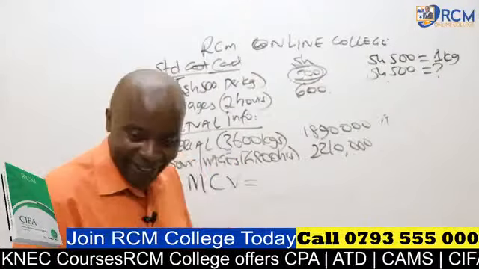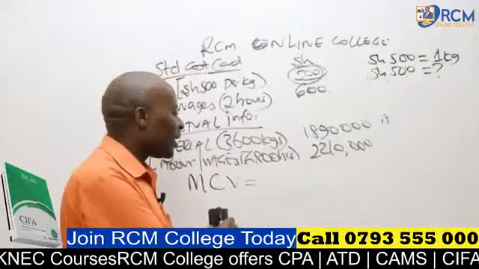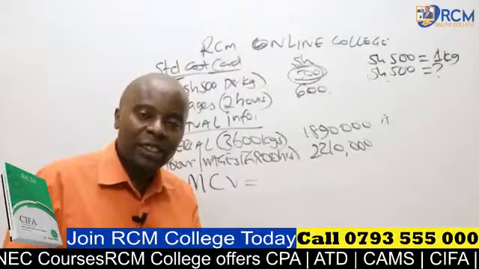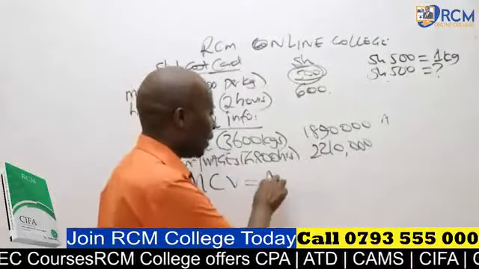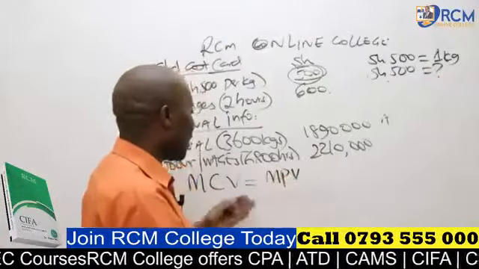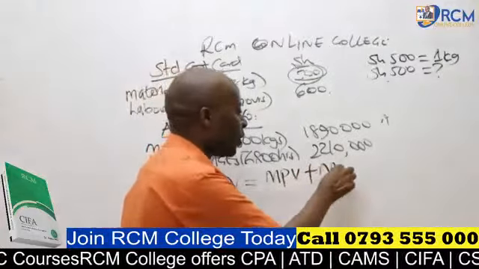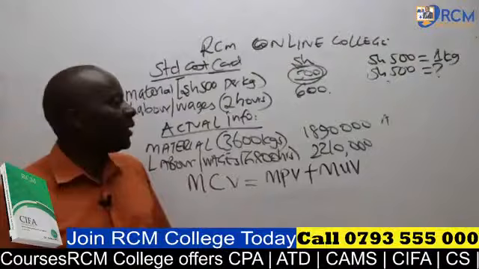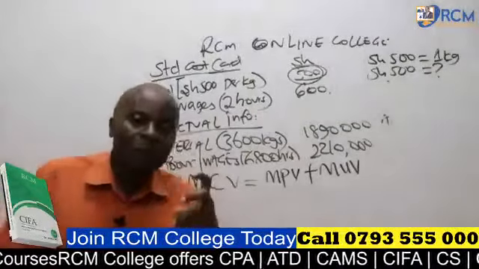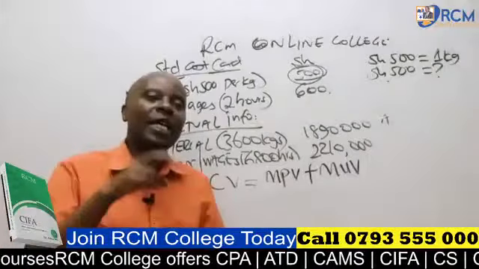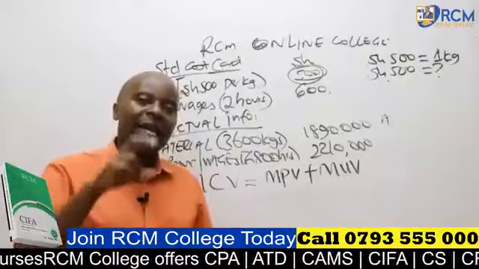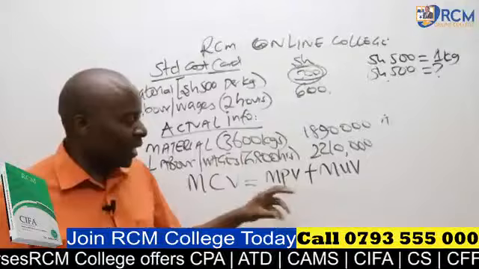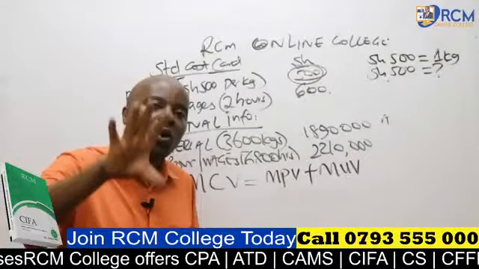Oh, okay. Now, ladies and gentlemen, there are two ways to get the material cost variance. Material cost variance equals material price variance plus material usage variance. Remember, we started by saying that material cost variance has two components: the material price variance and the material usage variance.